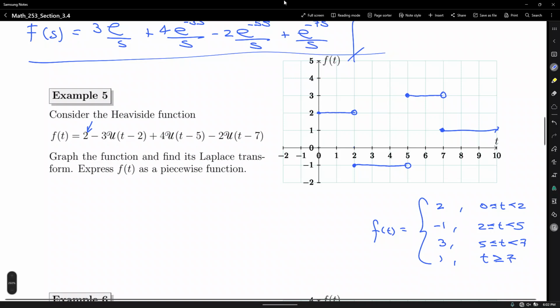Okay, let's find the transform. The transform of a constant, that is big F of s, first of all, the constant divided by s. That's the transform of a number.